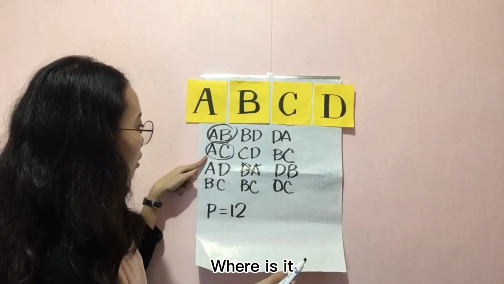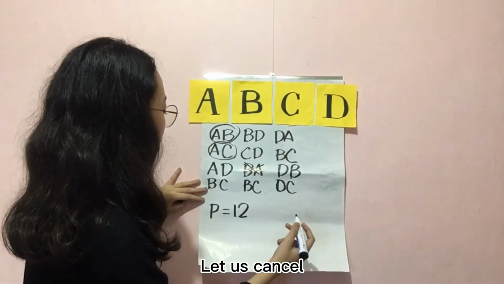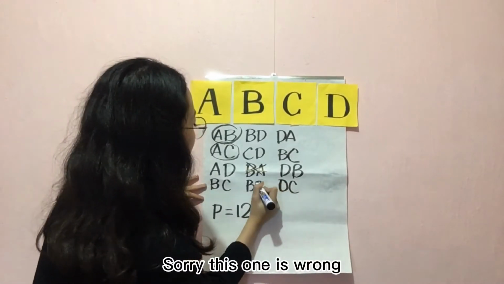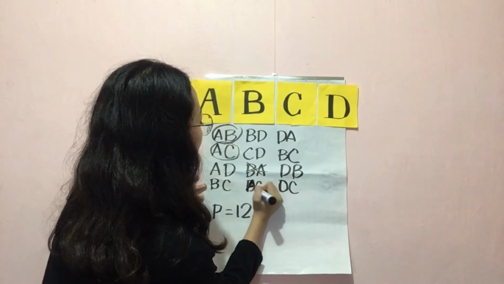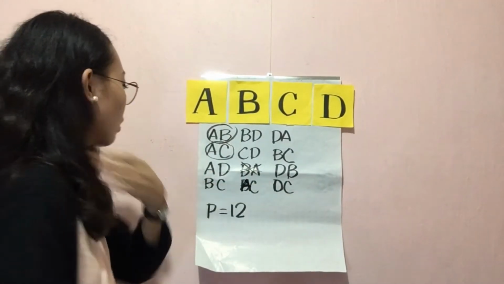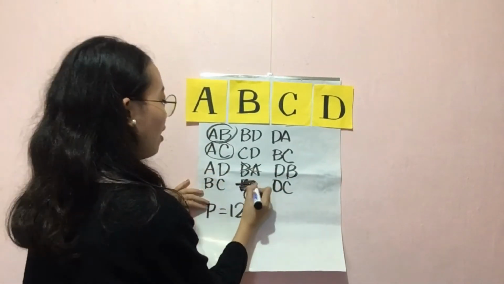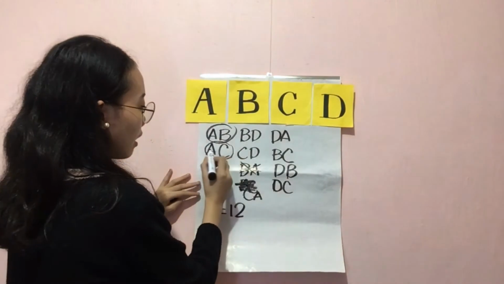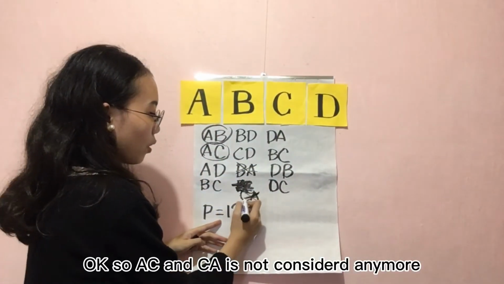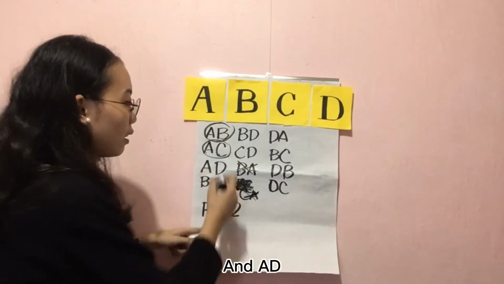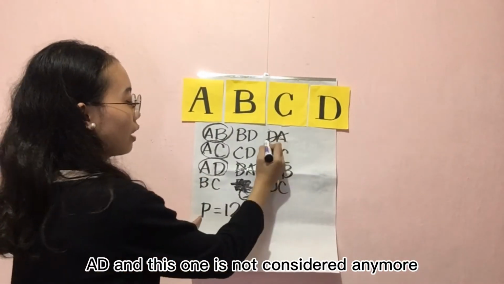So let's count AB, then AC. Sorry, this one is wrong, this is CA. So AC and CA is counted only once, and AD, we're going to count this one, and DA is not considered anymore.